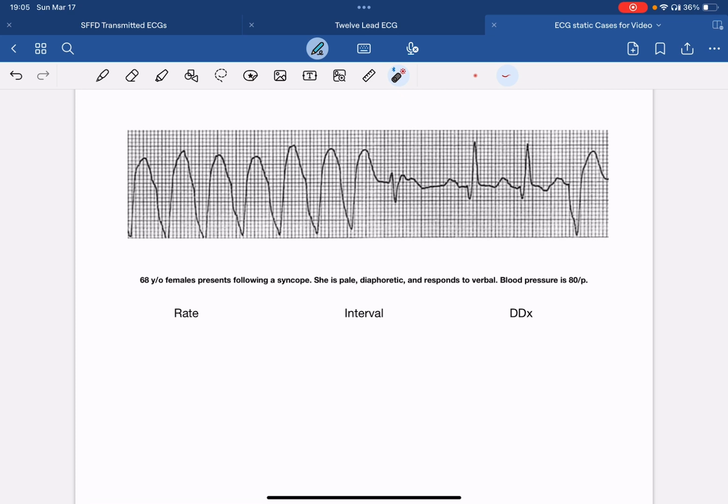And just to get into a little finer detail, we'll try to identify what is a QRS complex and what is a T wave, because I know that can be tricky. Remember that usually the broader, deeper section of this whole strip, this section right here, is going to be your QRS complex.